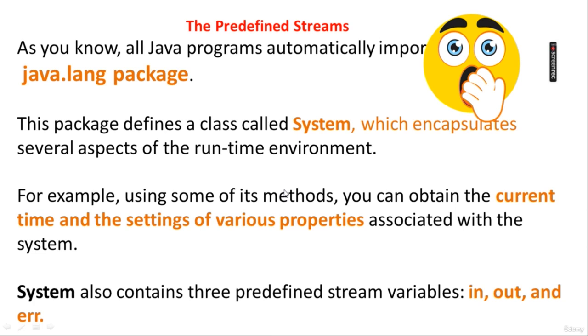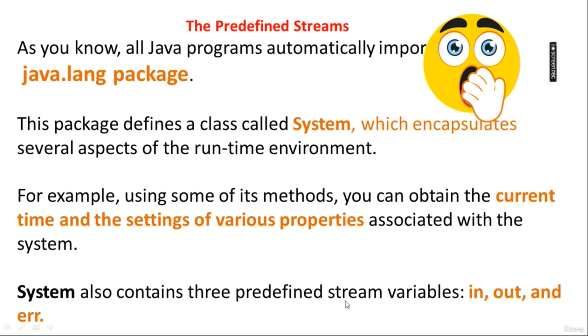System.in will give you the system input, and System.out, that is System.out.println, is the output to the console. Using some of its methods, you can obtain the current time and settings of various properties associated with the system.